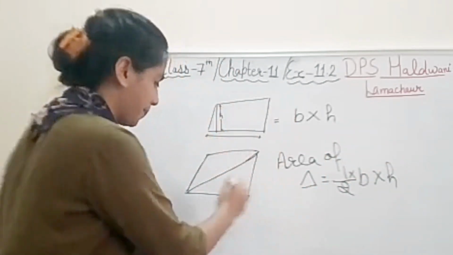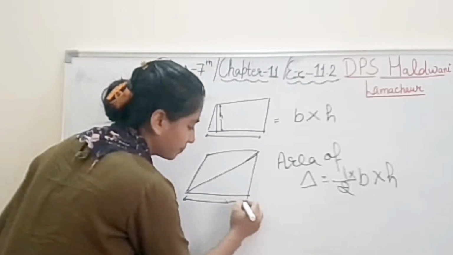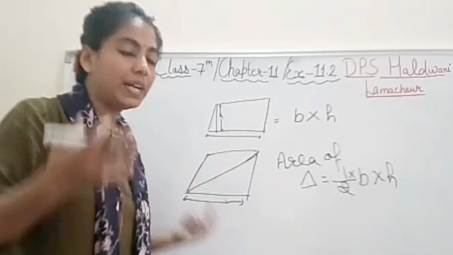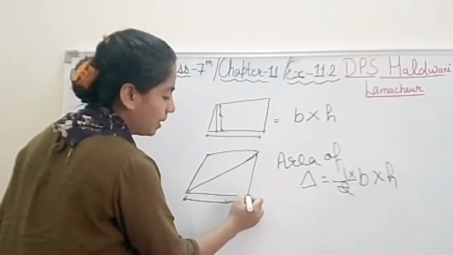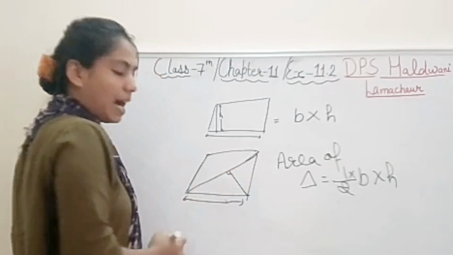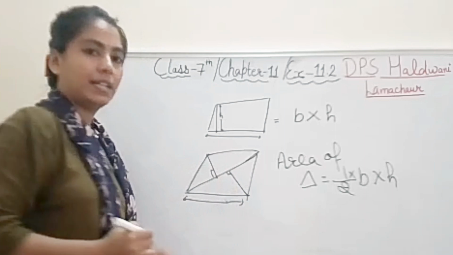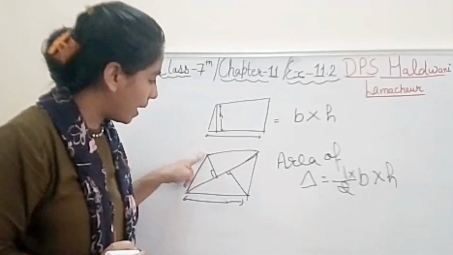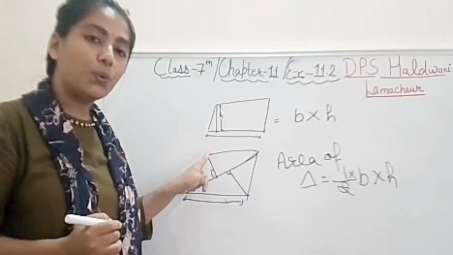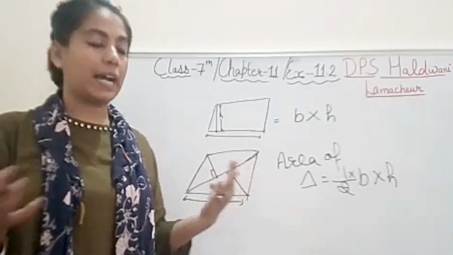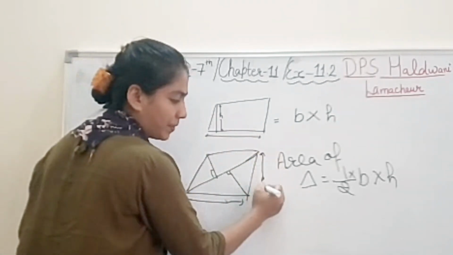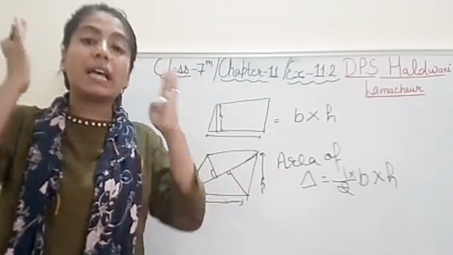Now what is the base? The base is this only. And what is the height, students? Height, from any vertex when you are making, this is a height, right? From this vertex, this is a height. Height from any vertex you will make towards the opposite side, that is the height. Height is not this, right? This is the breadth. What is height?